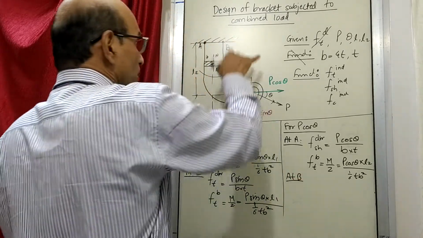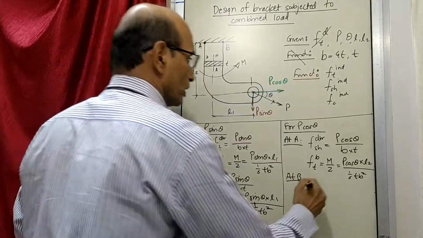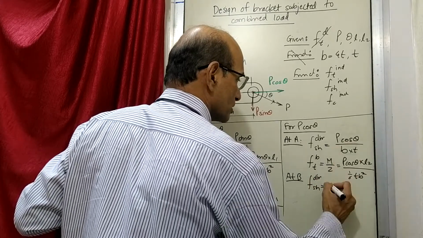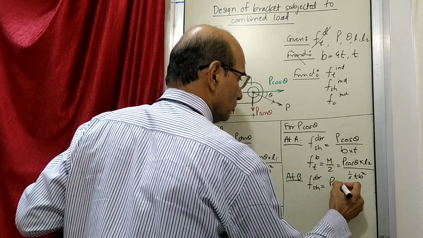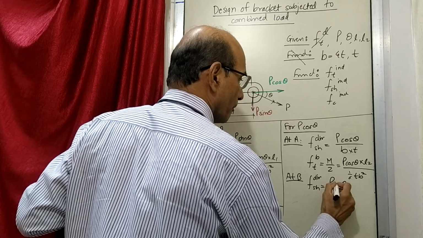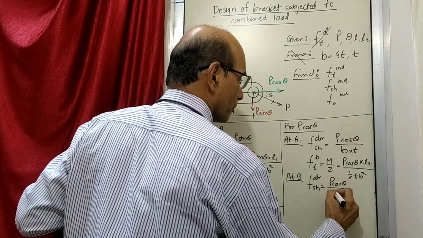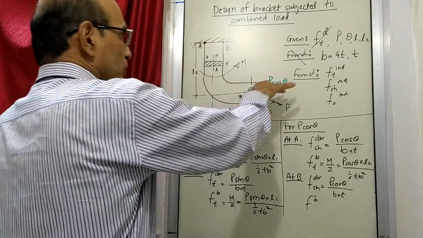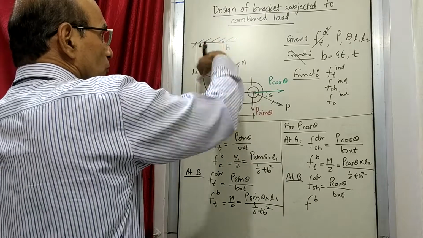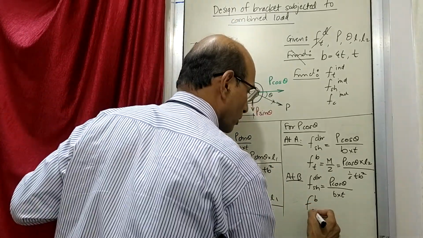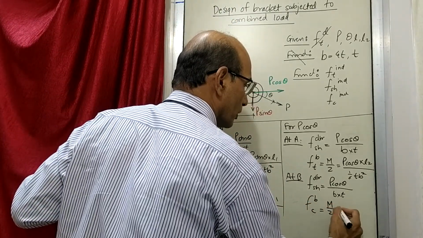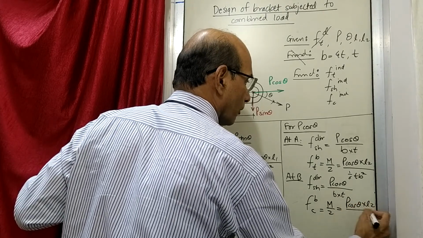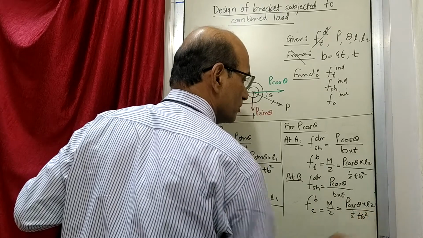So that was at A, and then at B. What will happen at B because of P cos theta? So the effect of direct will be the same, like shear stress, and the effect of bending at B will be of a compressive type, and that will be equal to M by Z, that is P cos theta into L2 upon 1/6 of TB square.